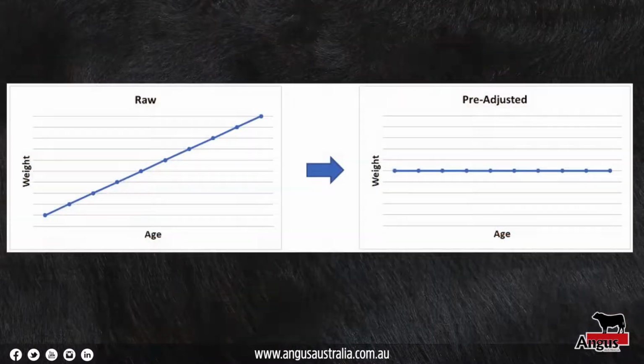And to give you what that might look like in practice, if we look at these two images on the screen, if the image on the left is just the raw performance of animals, we know that generally as animals get older, they get heavier. So we have that graph there showing as animal age increases, so does weight. For the pre-adjustment, what we're trying to do is really remove the effect of the differences in age.